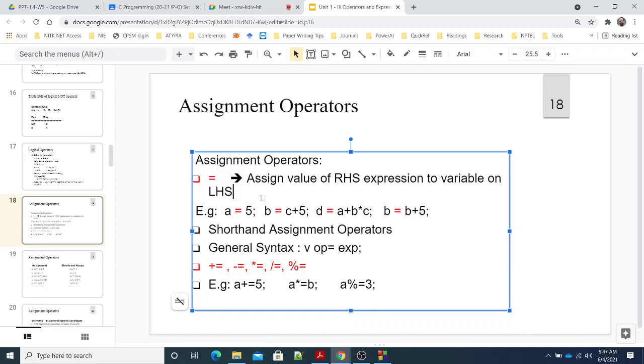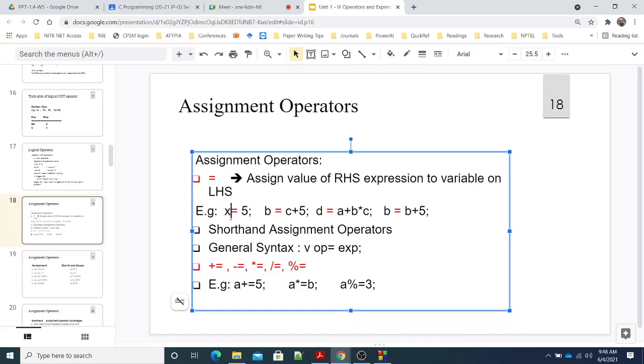As I said before, whenever there is an expression having an LHS as well as an RHS, the complete right hand side part will be computed. Then only the final result will be assigned to the LHS, and the LHS will normally be a variable, because I cannot assign a value to a constant.